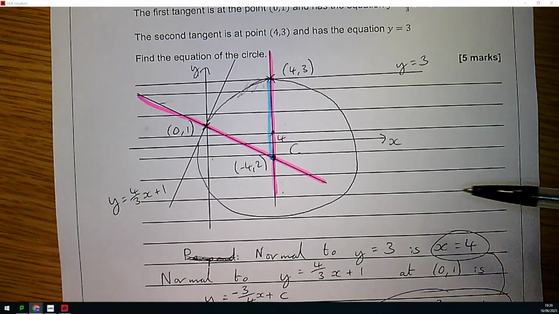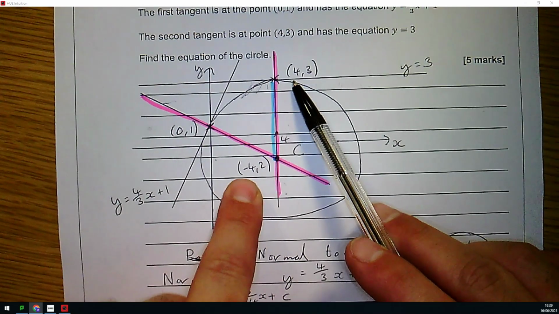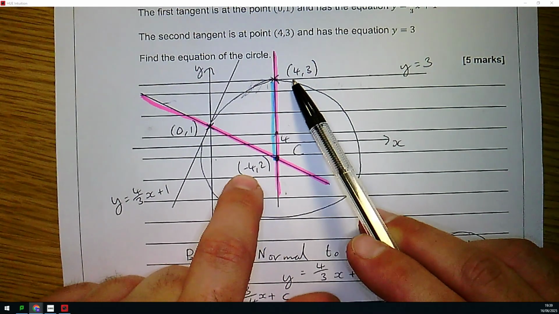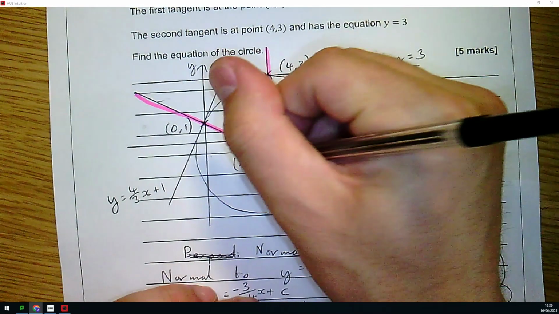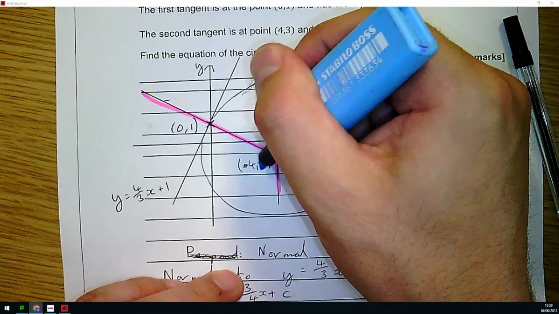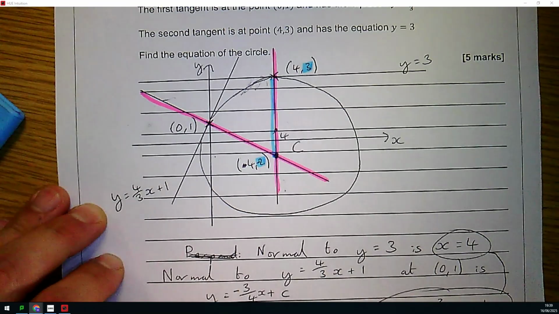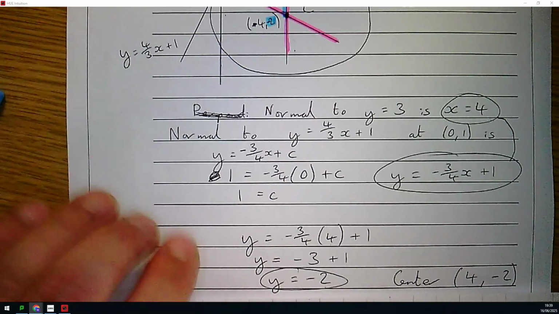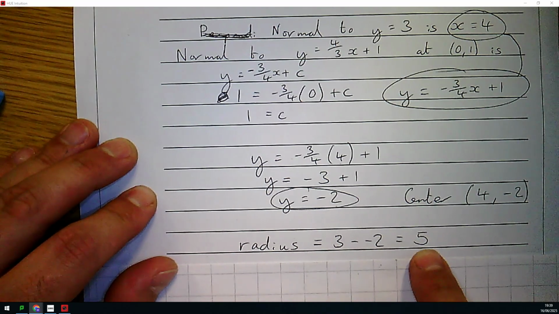However, this one's made a little bit easier because both coordinates have an x-coordinate of 4. So you just need to find the difference between the y-coordinates. The difference between 3 and negative 2 is 5, so the radius is 5.